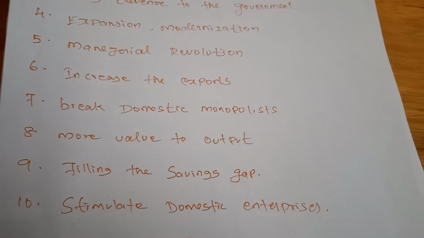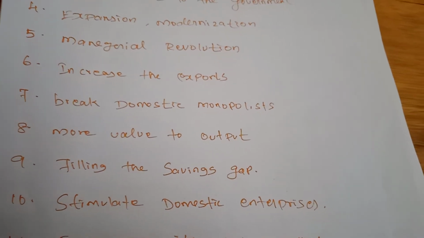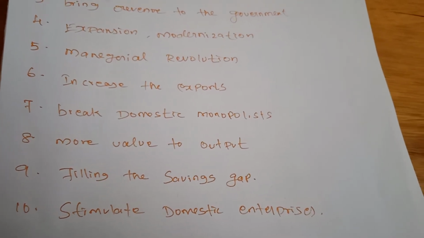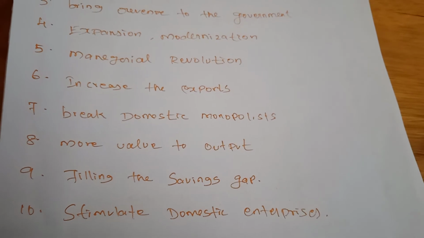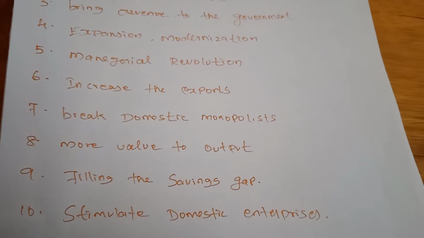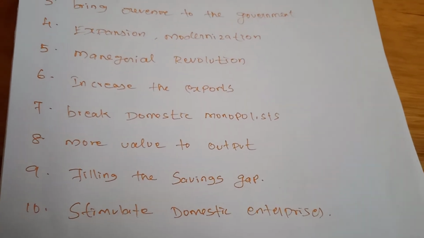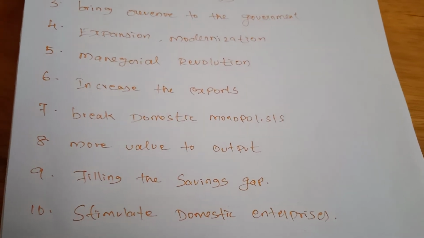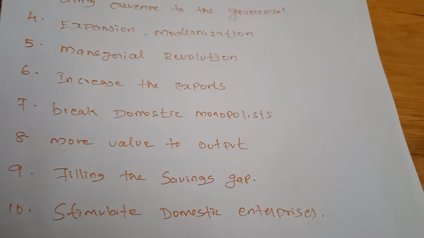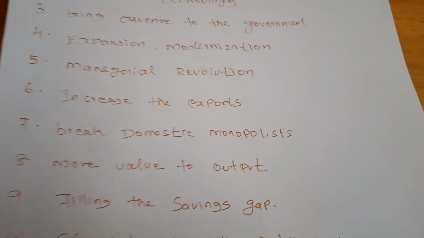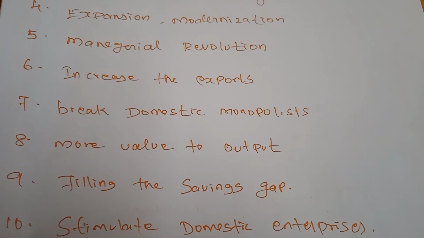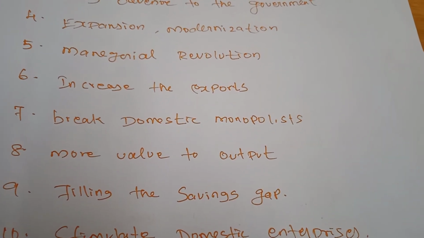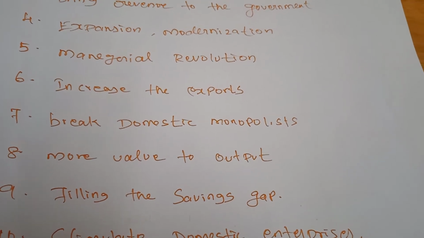Next, the more value of output. If foreign direct investment adds more value to output in the recipient's country than the return on the capital from foreign investment, then the social returns are greater than the private returns on foreign investment. So whenever we have the chance to allow the foreign direct investment, we can increase our exports.